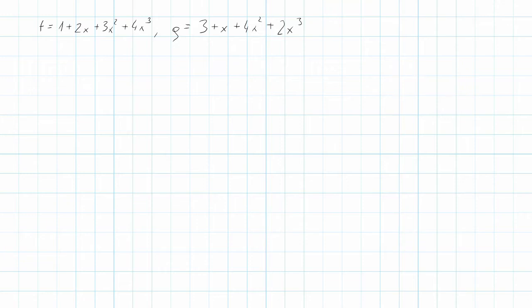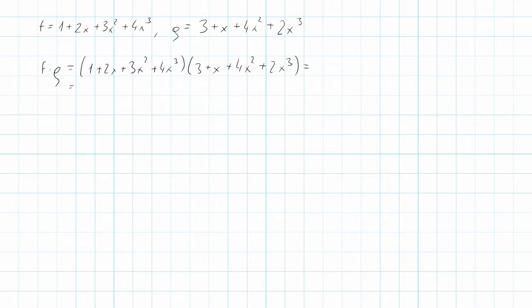So I will write everything explicitly. f times g equals 1 plus 2x plus 3x squared plus 4x cubed, times 3 plus x plus 4x squared plus 2x cubed. It equals, and now, in order to get the constant term, we need to multiply the constant terms by each other.